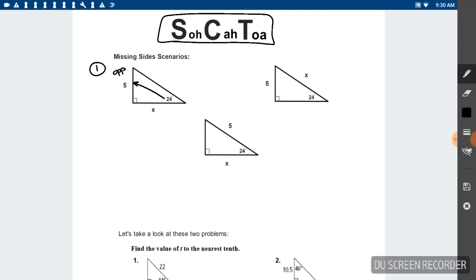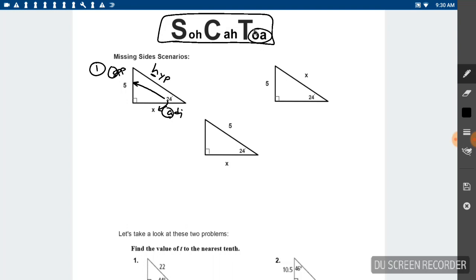So I know an O is involved. And the adjacent. There's my adjacent. The hypotenuse is not involved in this one. The hypotenuse, the H, I don't need. So I know I'm dealing with O and A. So I look at the SohCahToa acronym.